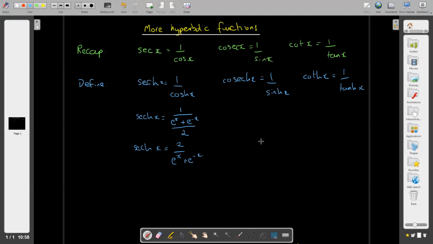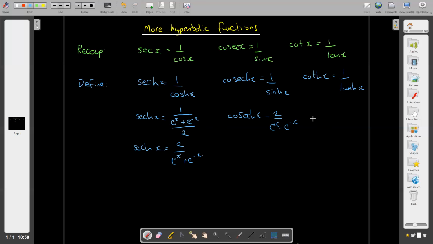Likewise, cosech x is almost the same, except we have a minus here, so cosech x equals 2 over e to the x minus e to the minus x.